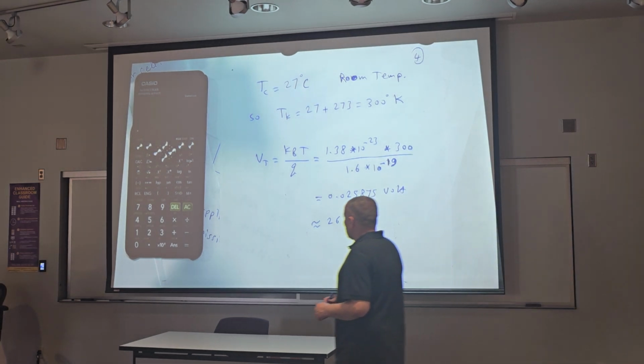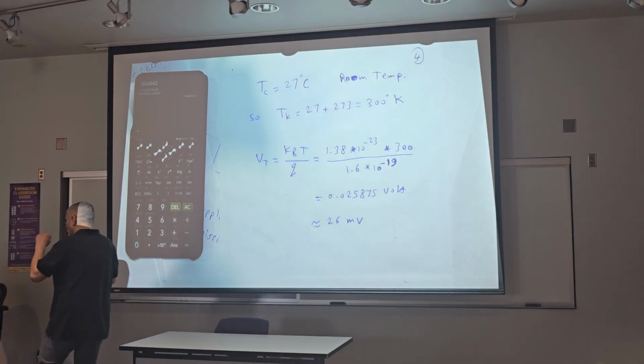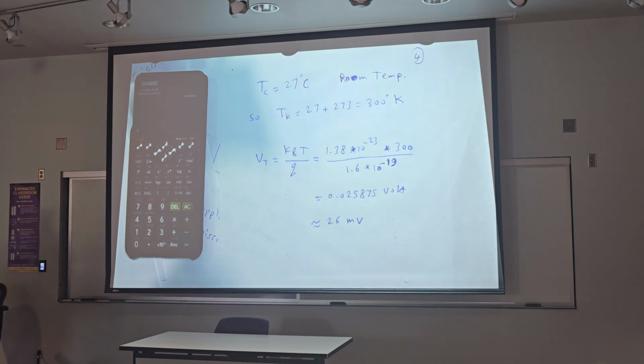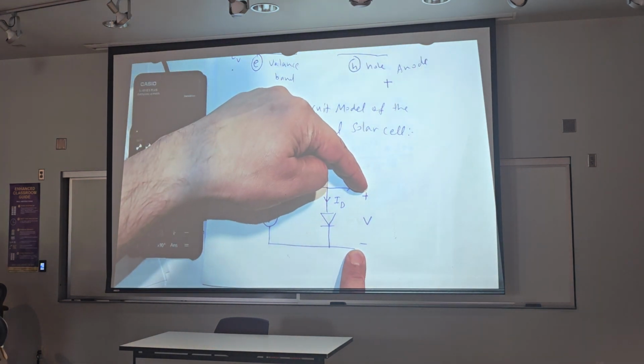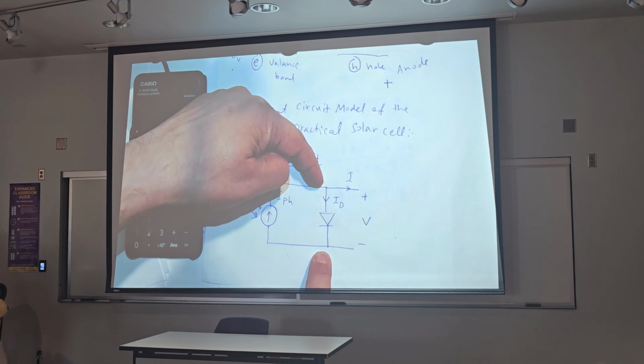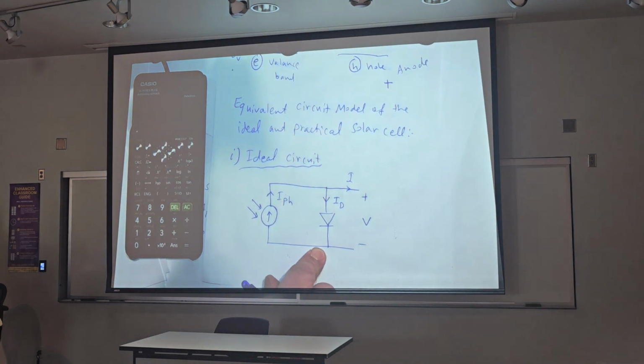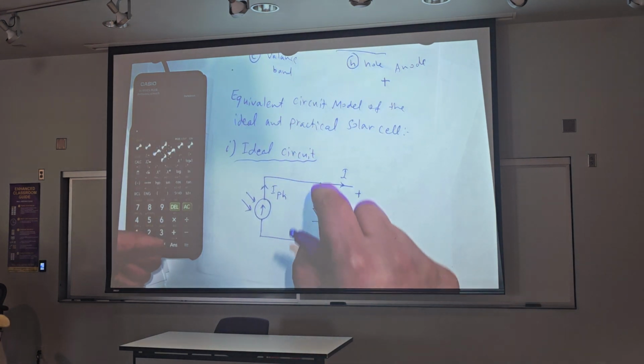So now, VT, this is not the voltage across the terminal. Across the terminal is here, V, 0.7 or 0.3, or 0 if ideal diode, okay?